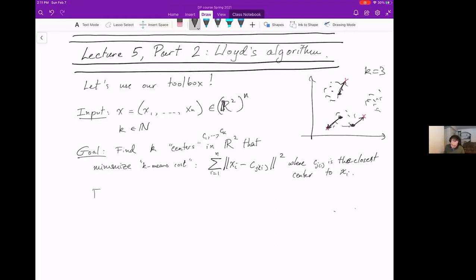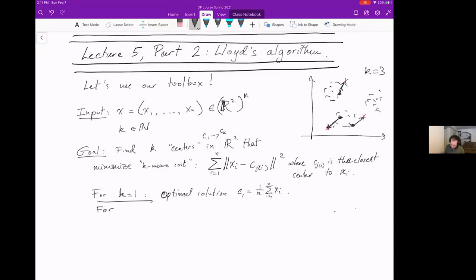If k is equal to 1, if I'm just trying to find one center, the best choice is just the mean of the data set. So the optimal solution, C1, is just 1 over n times the sum of the data vectors. It's the average of the data vectors.